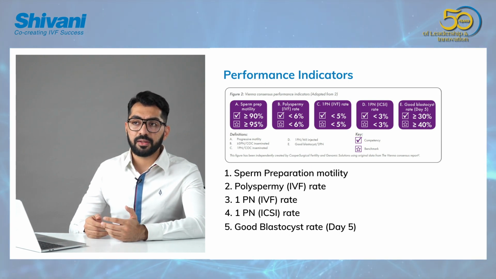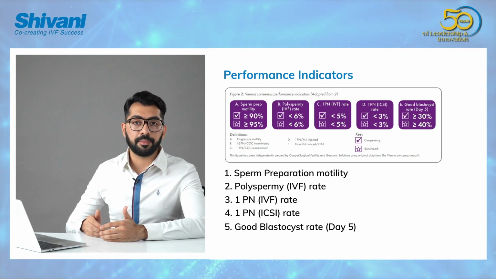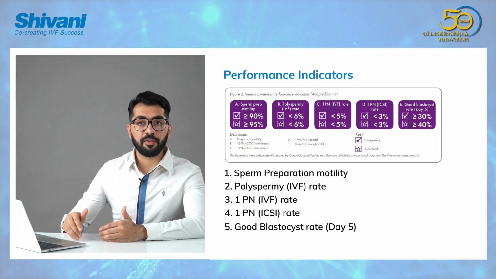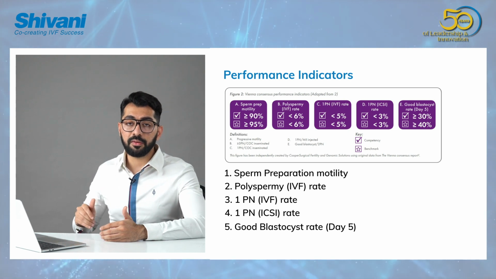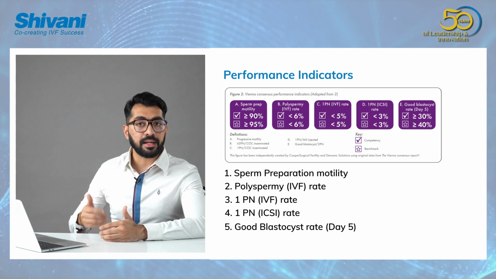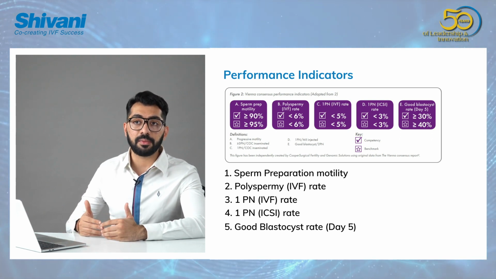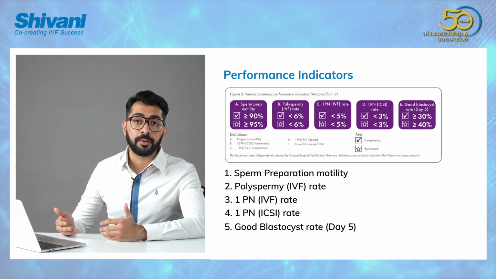All the others, let's say you're getting a very high blastulation rate, but the good quality blastulation is low. Let's say I have a 50% blastulation rate, but only a 15% good quality blastocyst rate. It actually tells me that even though I have the potential to culture till blastocysts, my culture conditions are not adequate.